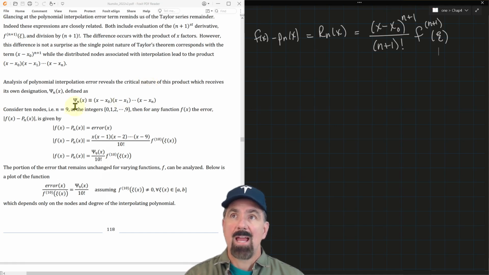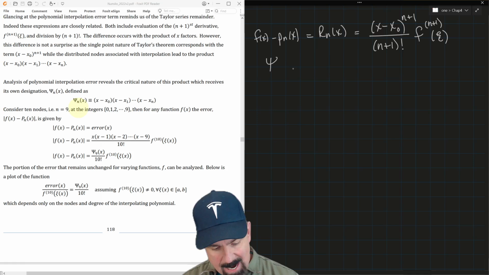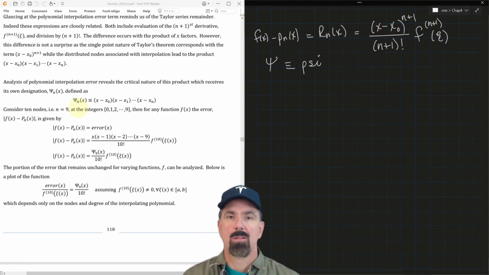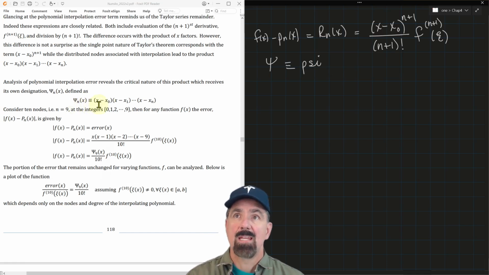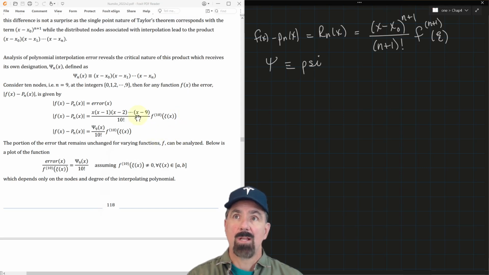First of all, I have defined a function capital Psi. For those of you not familiar, this is capital Psi, the Greek letter Psi, and it is the numerator. So it is this product of x minus the nodes where I've taken all of those and combined them together. And so the error term here looks like this.